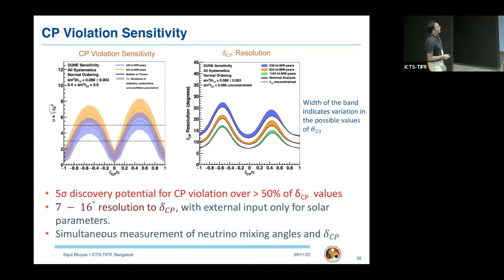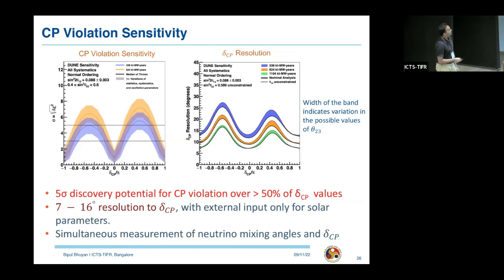Looking at the CP violation sensitivity, we should be able to do a 5 sigma discovery of CP violation in about 50% of the delta CP values. That is what's shown here. These plots are made for different exposures, starting with 336 kiloton megawatt years, going all the way to 624 kiloton megawatt years.